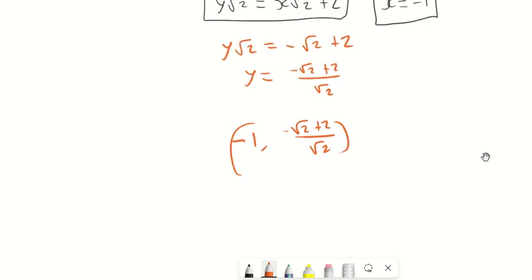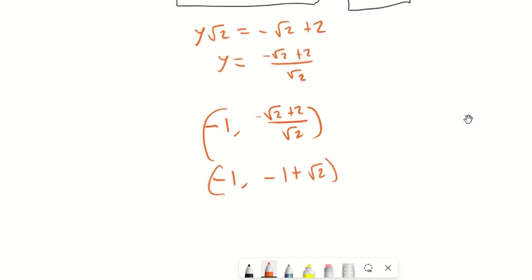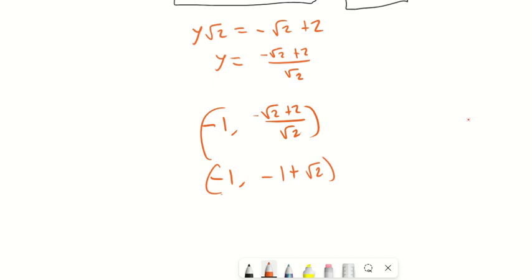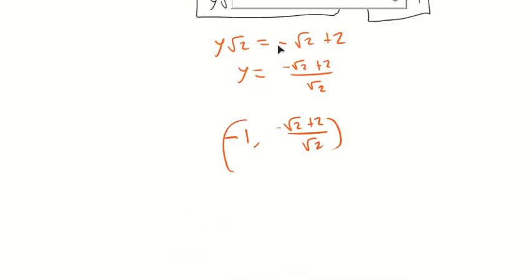Now I think you can simplify down this part here into minus 1 plus root 2. You probably don't need to do that, maybe you do. Depends if they wanted you to put it in simplest form or not. So that's going to be minus 1 plus root 2 when it's simplified.